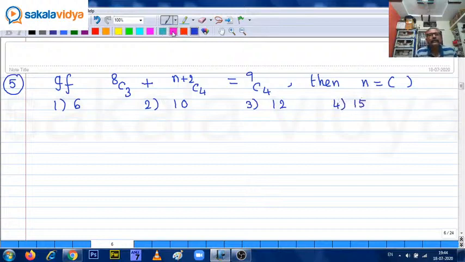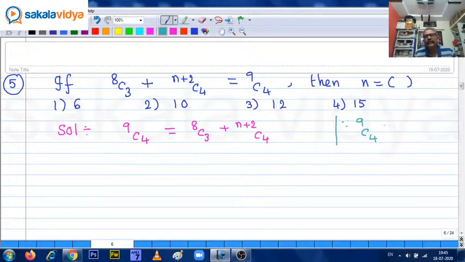So now here this 9C4 equals to 8C3 plus n plus 2C4 is given. That means this 9C4 can be written like this. 9C4 can be written 8C3 plus 8C4 you can write it. So that means based on this formula, what is the formula?